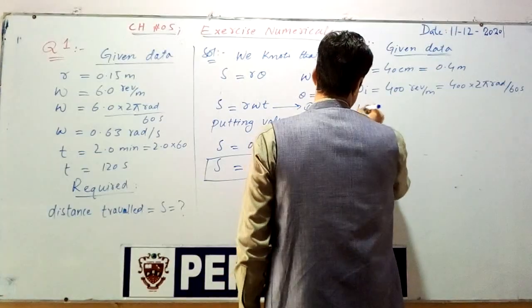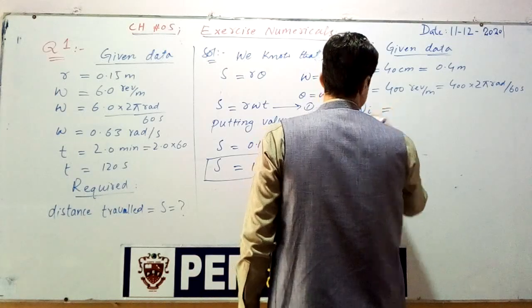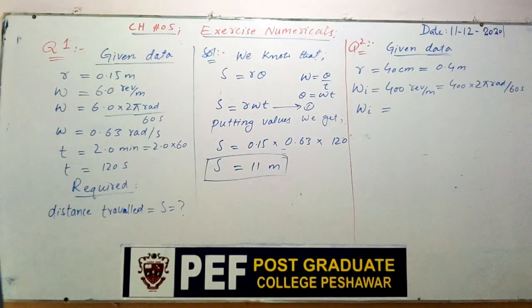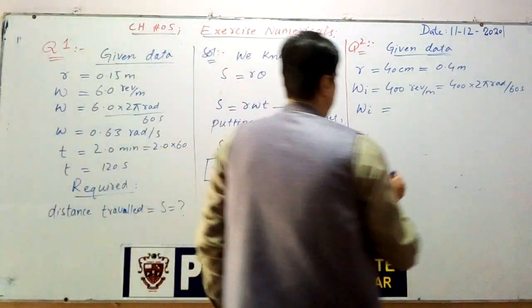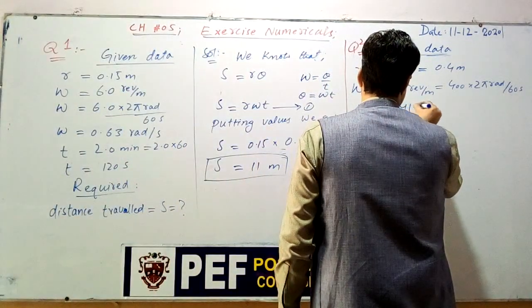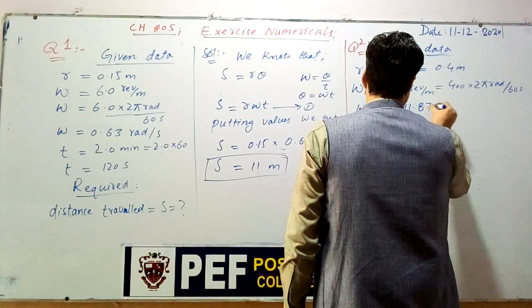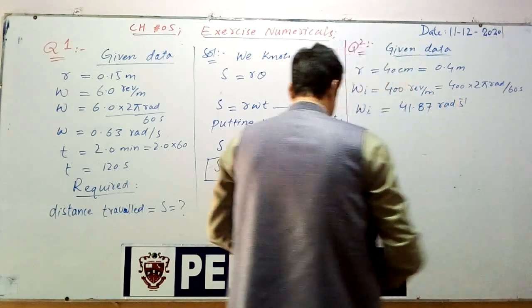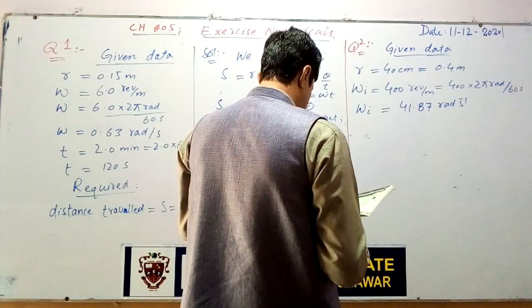So we get omega I, our initial angular velocity, 400 multiplied by 2 pi radian divided by 60, which is approximately equal to 41.87 radian per second.